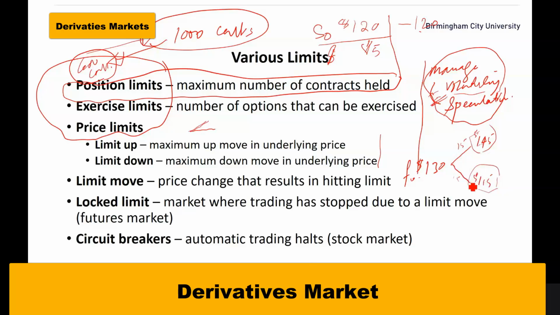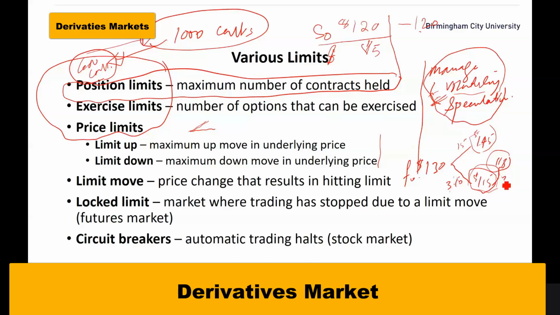Now, let's suppose at 3:10 in the afternoon, the futures price has fallen to 118, and the price then changes to 115.